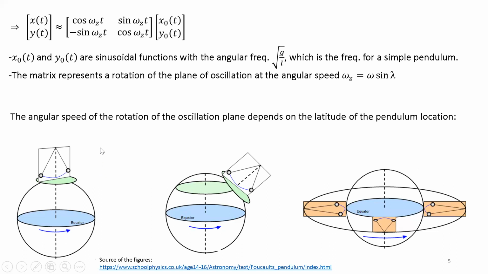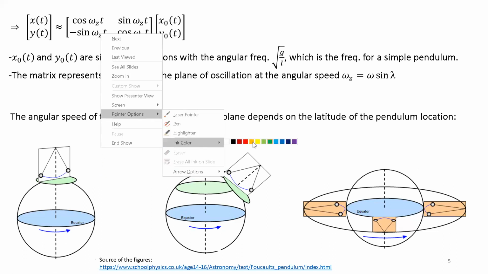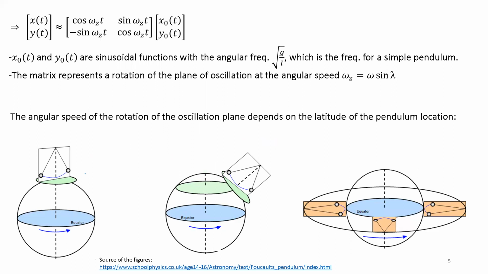Of course, we do have one technical detail here. You would imagine, how do I set up this pendulum? This pendulum is in a building, so that means there's a ceiling of the building.